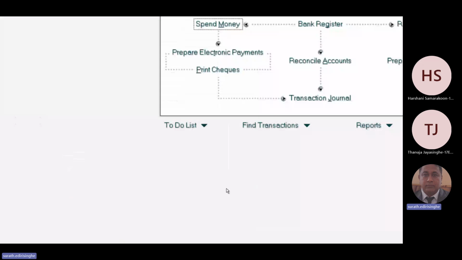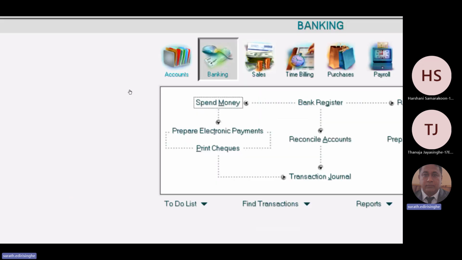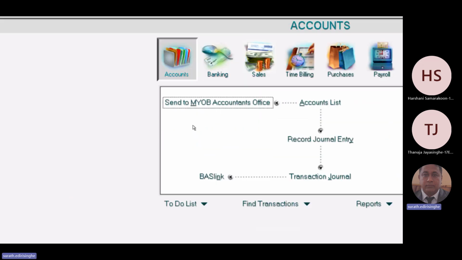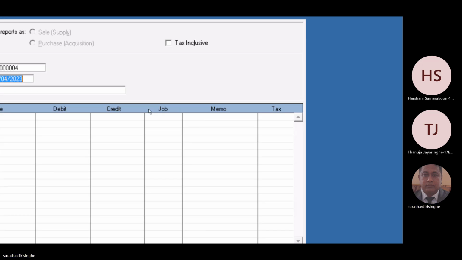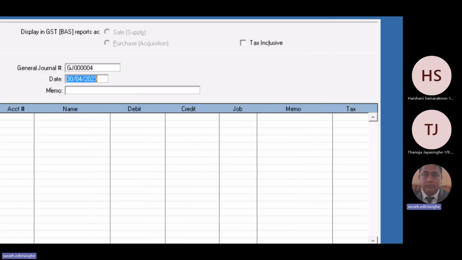Right. This time, again, you go to the accounts journal, since you already paid. In the next month, maybe 10th May, type here electricity.